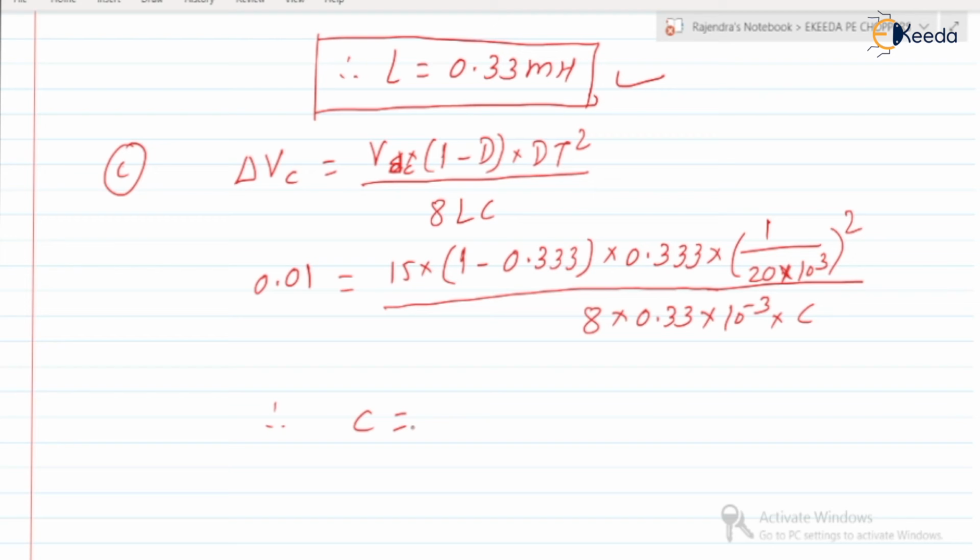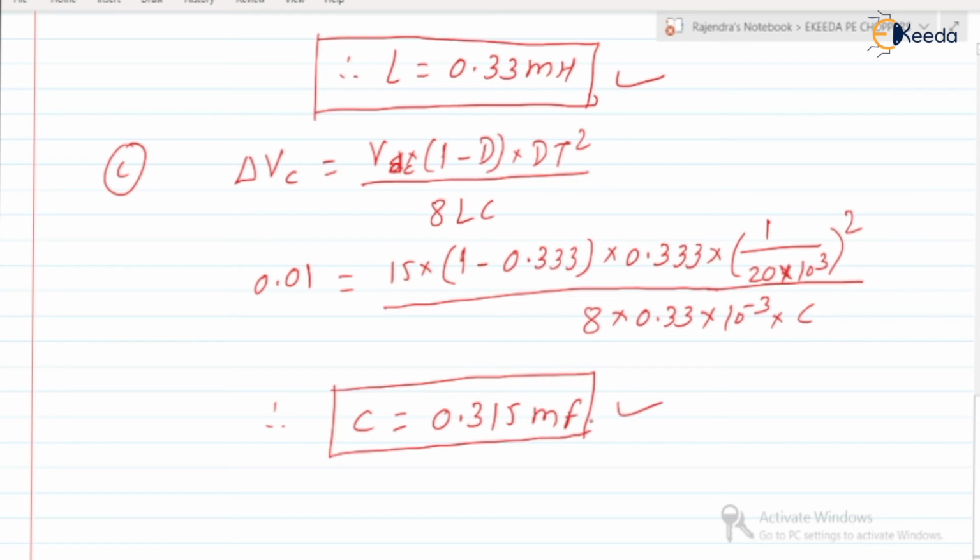It is 0.315 millifarad, right? 0.315 millifarad, or it is 315 microfarad, or 0.315 millifarad. So this is the value of the capacitor C, right? Value of capacitor. So this is the answer for the third bit.